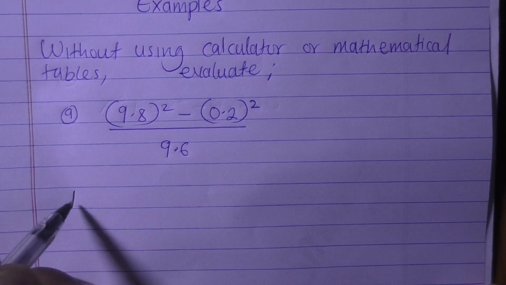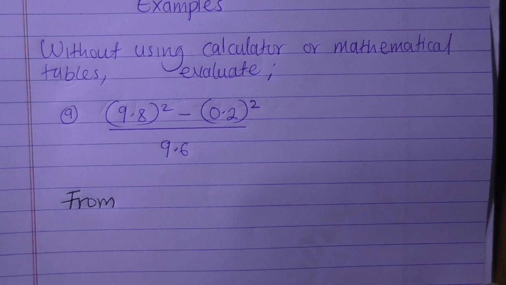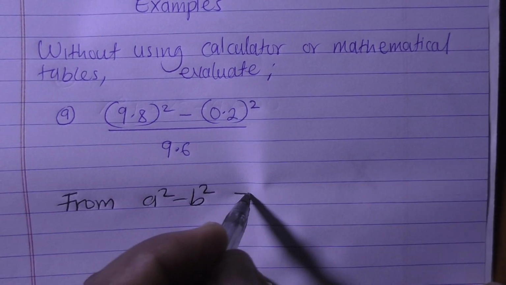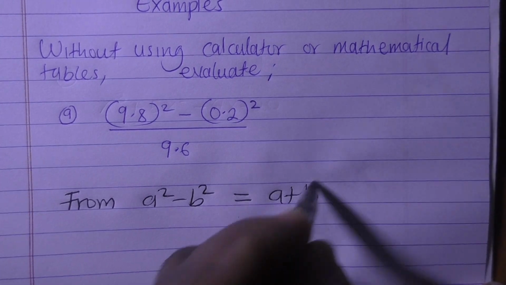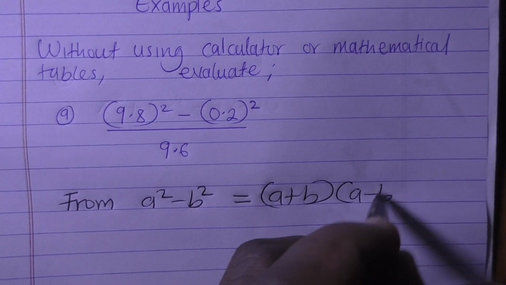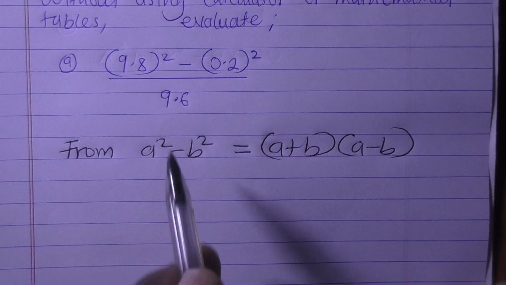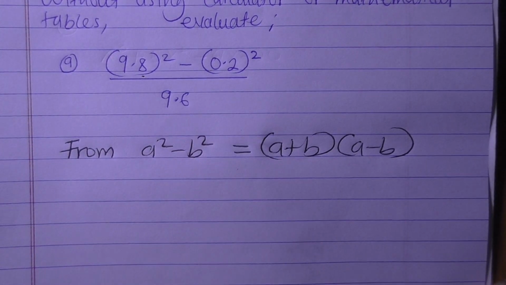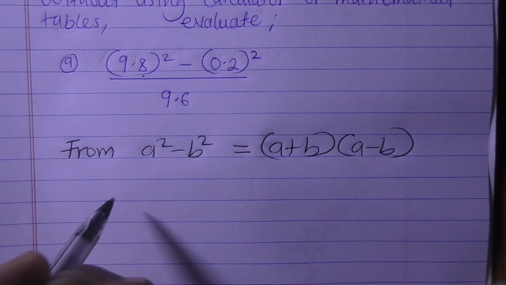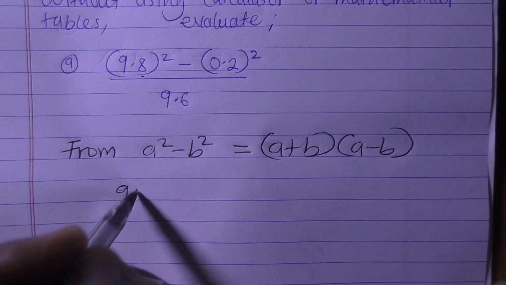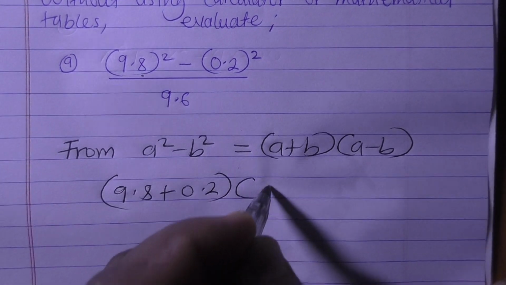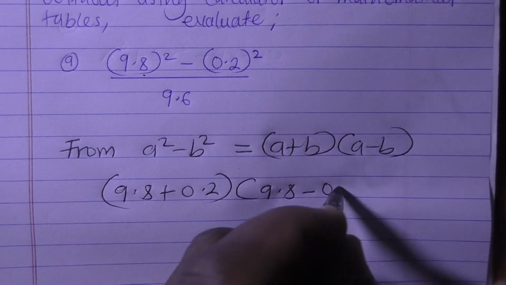Remember, we have the difference of two squares as a squared minus b squared equals a plus b into a minus b. And therefore, if we apply the same on our numerator, that gets us 9.8 plus 0.2 and 9.8 minus 0.2.